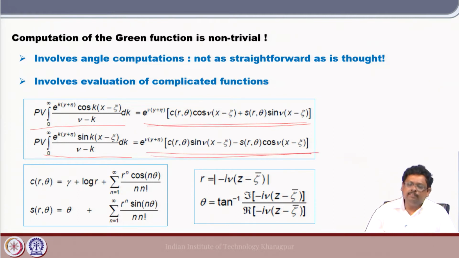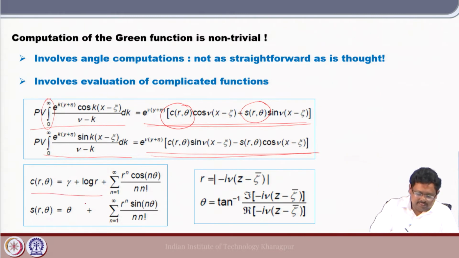This is why it is complex: it has an improper integral from 0 to infinity, and to evaluate it you have two series, C(r, theta) and S(r, theta). These are given by this expression, and of course the argument theta is given by this expression.